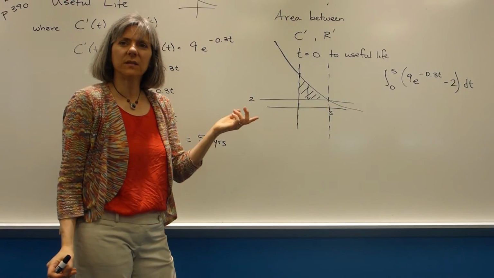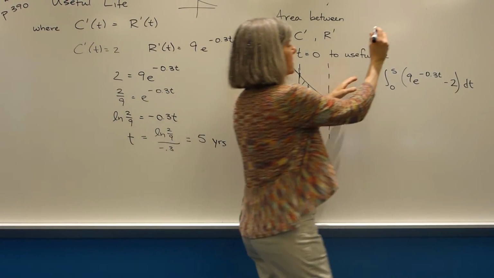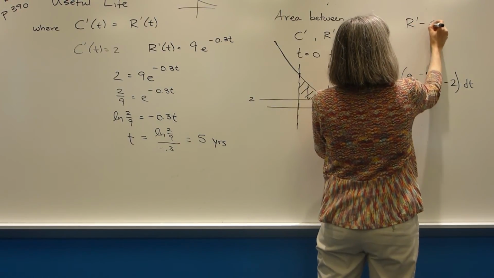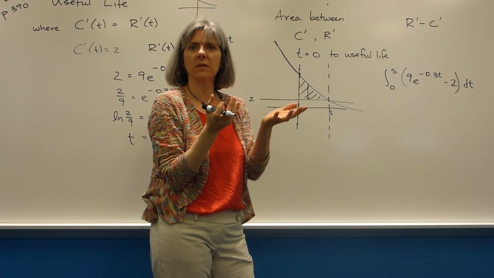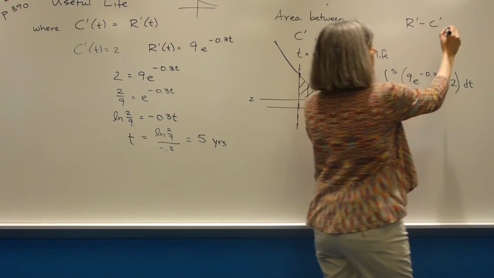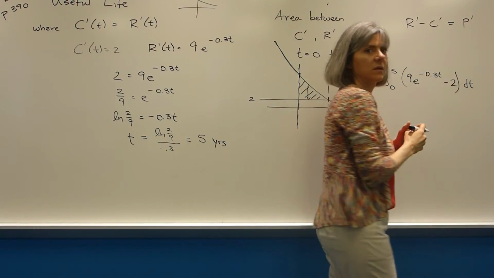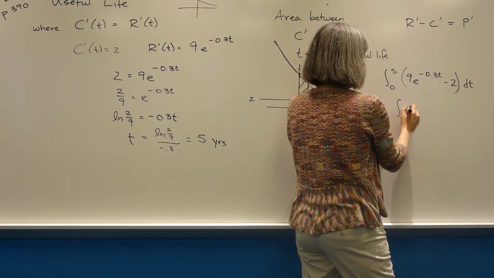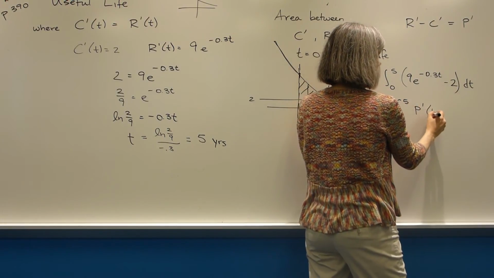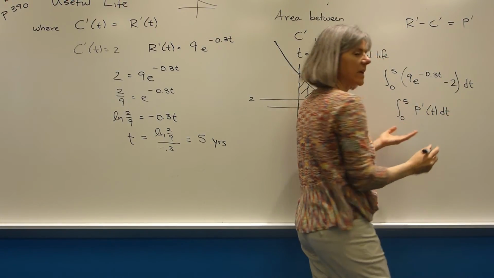What will this represent? What is r prime minus c prime? Revenue minus cost is profit. So this is really p prime. So really what I've done is I've said from 0 to 5, I've integrated p prime. So what am I going to get for an answer?